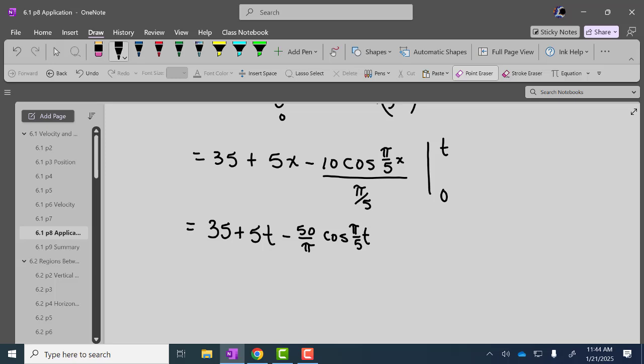And now we have to subtract off the antiderivative at 0. So let's just make sure we're thinking smoothly here. There's our antiderivative. If you plug in 0, that's gone. What's cosine of 0? 1. So that's all 1. And we're subtracting this off. So minus times minus is positive. If that's just a 1, we end up with 50 over pi.